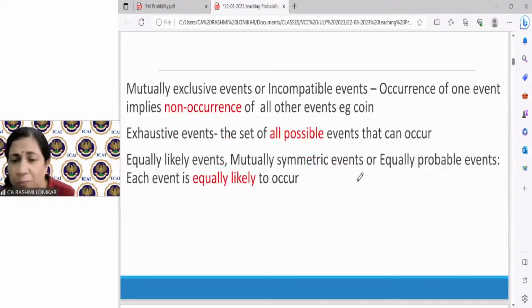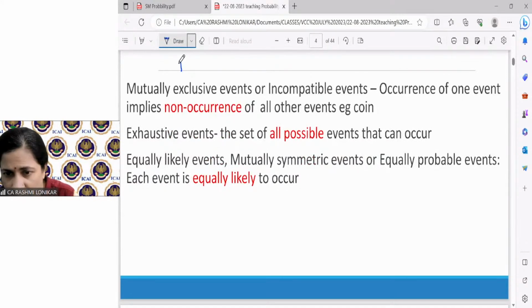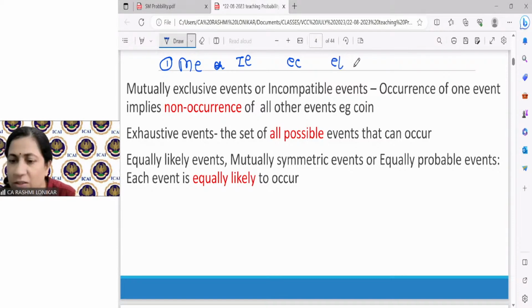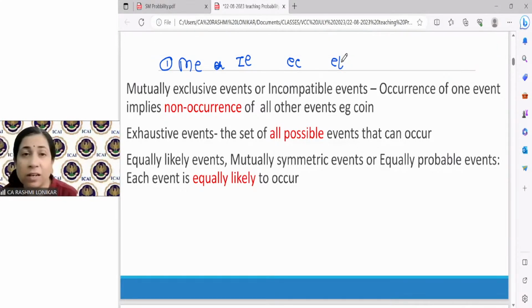A very important set of terms: mutually exclusive or incompatible events, then exhaustive events, then equally likely events. All these are very important words when we are dealing with the concept of probability.